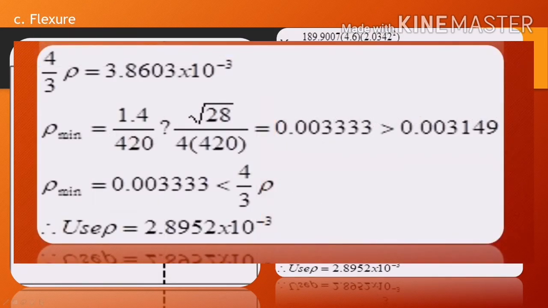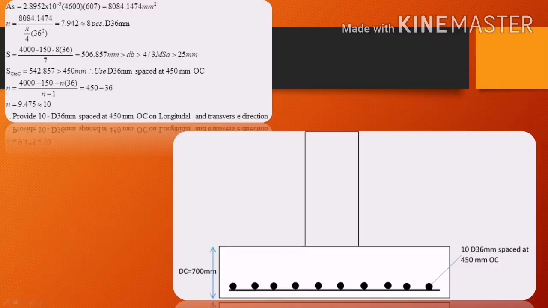So, the 4/3 of rho is equal to 3.8603 times 10 raised to negative 3. So, rho min is equal to 0.003333, which is less than 4/3 of rho. So, therefore, use the value of rho as 2.8952 times 10 raised to negative 3.